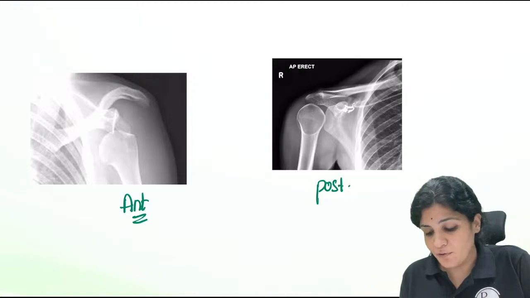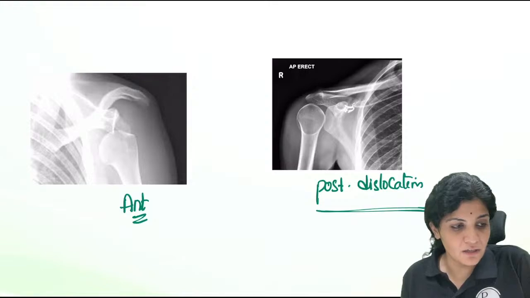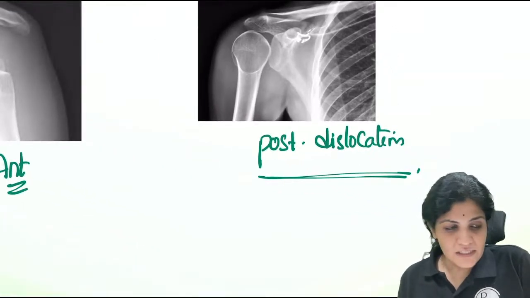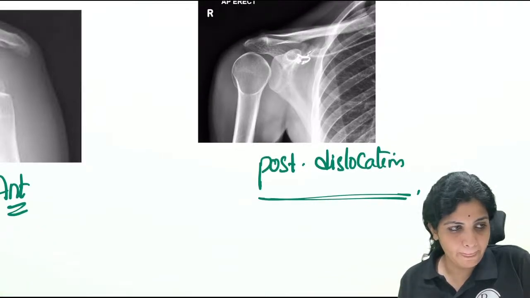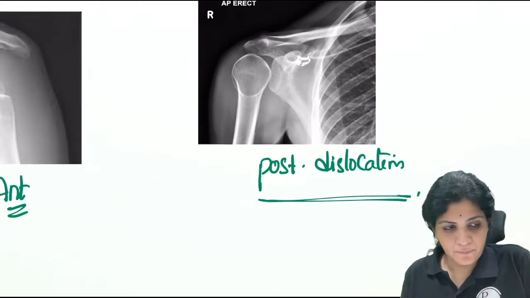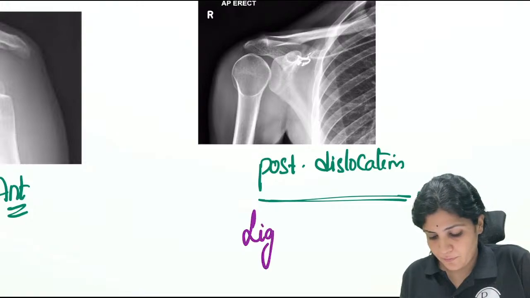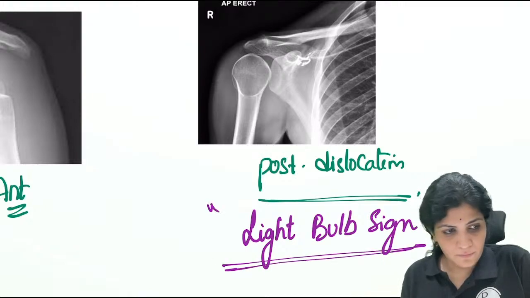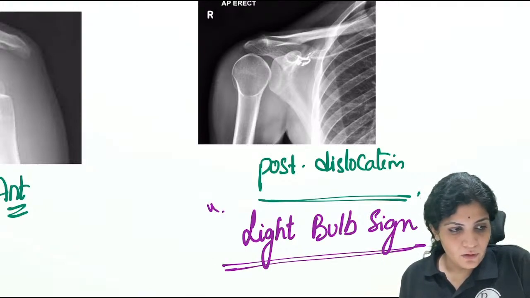What is the sign of posterior dislocation on the x-ray called? Yes, axillary nerve, regimental badge area. Very good. So what is the sign of posterior dislocation? A vacant glenoid is seen in both anterior and posterior dislocation, right?